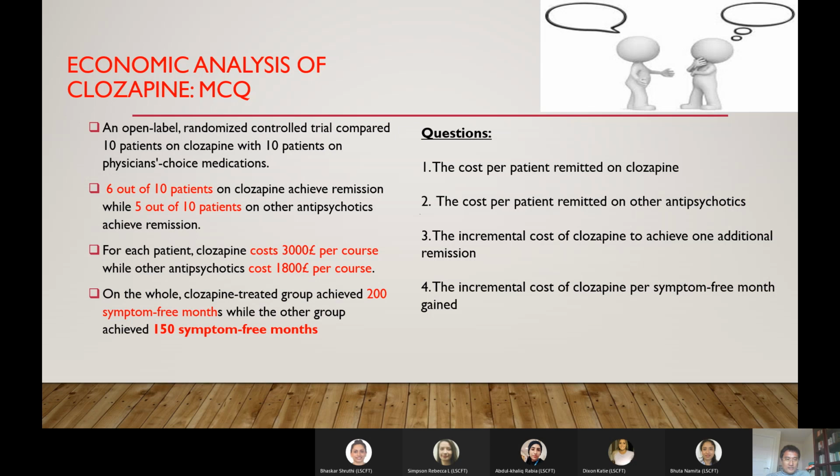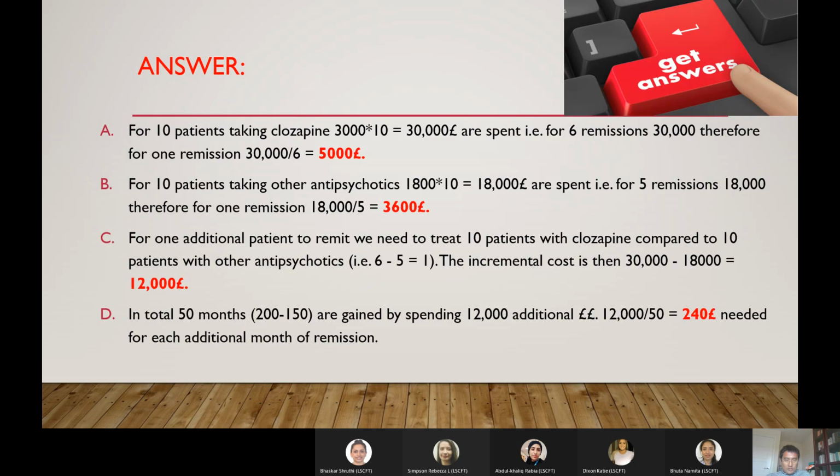In remission, it is 6 versus 5, so to achieve 1 additional, you just subtract. From the cost, the 30,000, you subtract and divide by 1, and you get the answer. Are you clear with this one now?